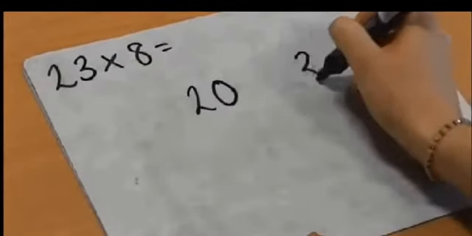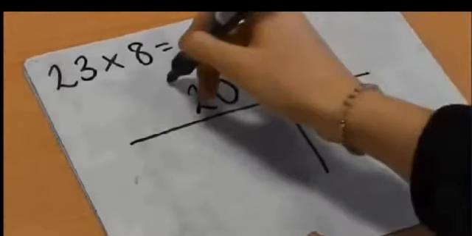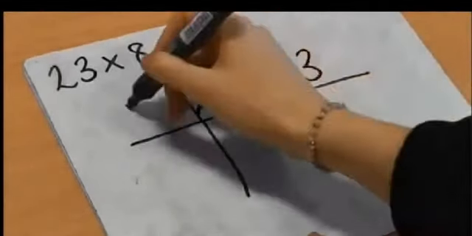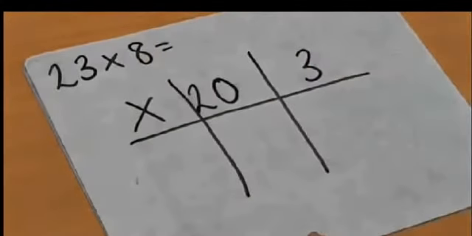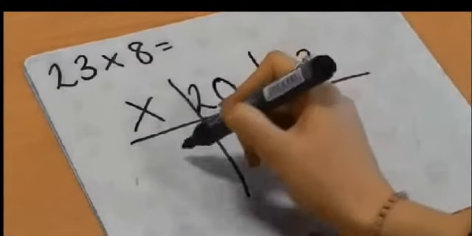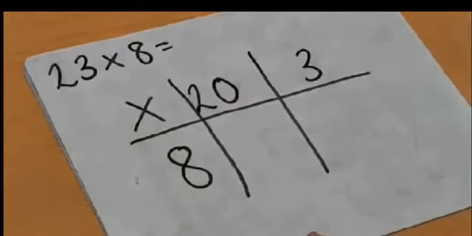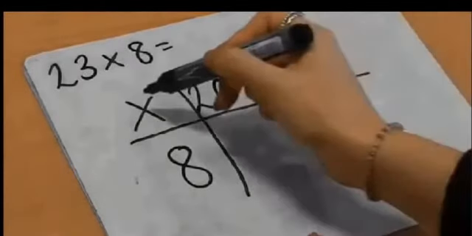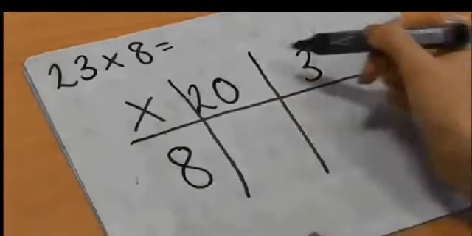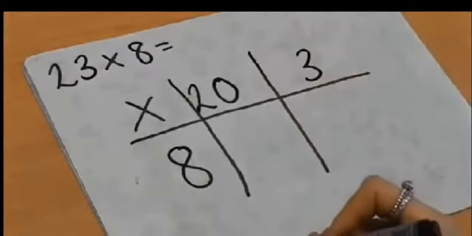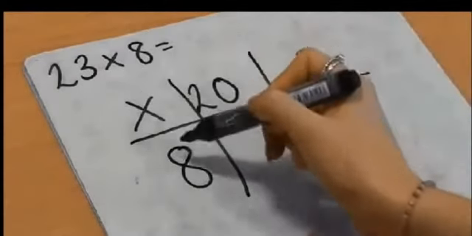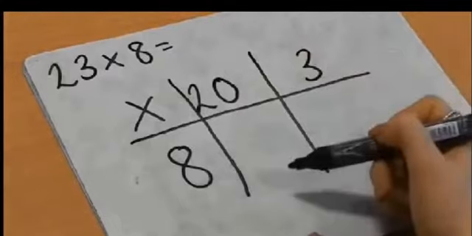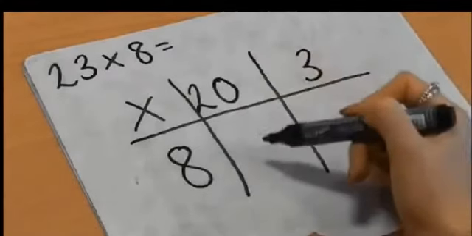So 23 into 2 tens and 3 ones. My times sign goes here, and I am multiplying by 8, so I need to calculate 20 times 8 and 3 times 8. 20 times 8, I know 2 times 8 equals 16.